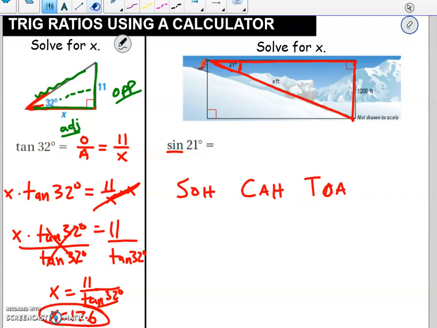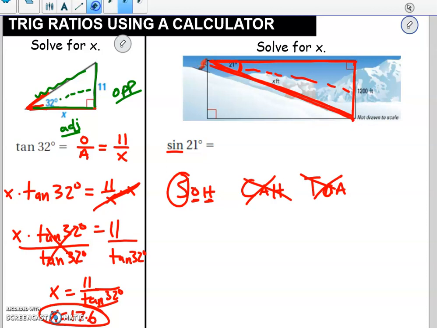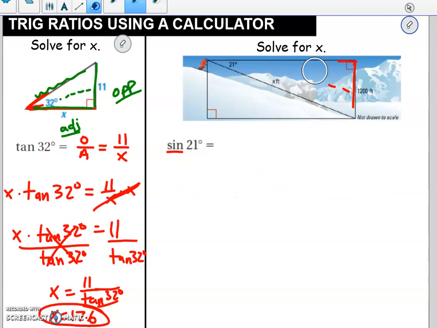And from this angle here, I have the hypotenuse of that right triangle, which is not included in TOA, and I have the opposite side, which is not included in cosine. Okay, so the things that I have are the opposite side and the hypotenuse, which means I'm going to use the sine value as part of my calculations here to solve for a missing value.